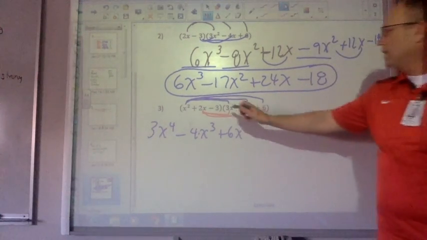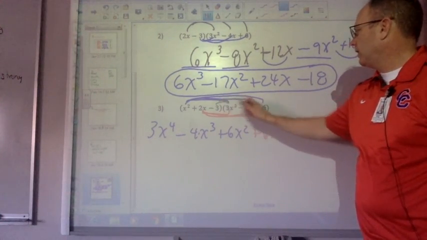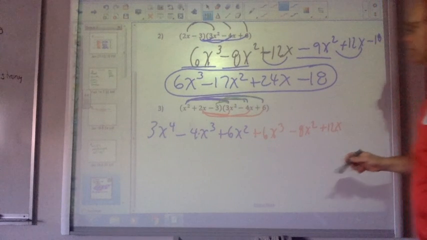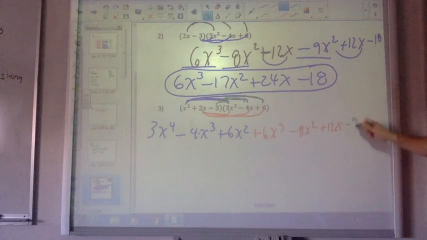Then the green, I'm going to take the negative 3, go here and here and here. I'm going to get negative 9x squared minus 12x, minus 18. Couldn't quite squeeze it in. Okay, so the blue is me distributing x squared, the red is me distributing the 2x, and the green is me distributing the negative 3.